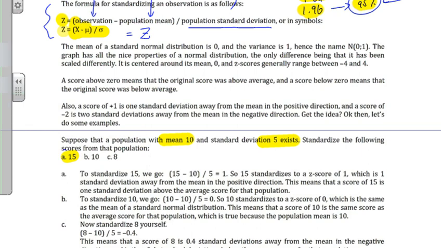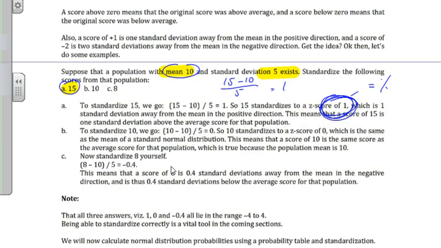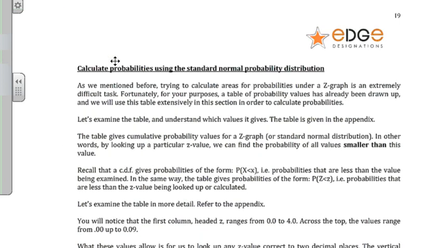So actual observation 15 less the mean of 10 over standard deviation of 5 equals a standardized number of 1. Once I've got my 1, I'd go and look on the table. And what would the table give me? It will give me a percent, and that's a probability. We know that. Everyone comfortable?